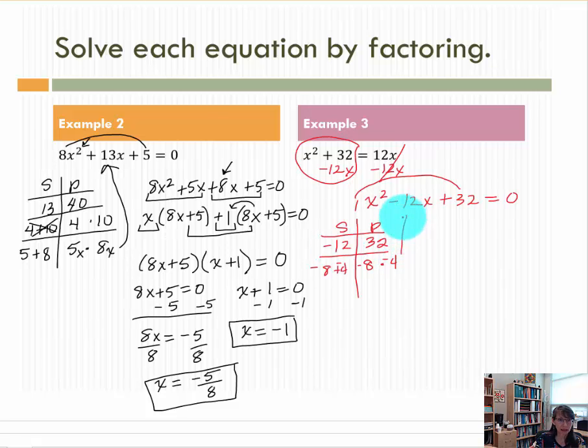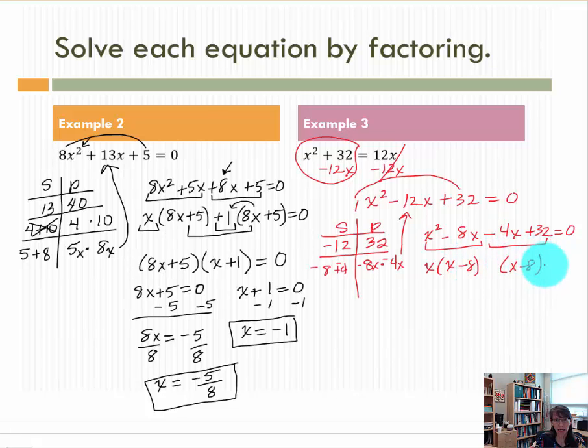So we are replacing the middle term with minus 8x and minus 4x. Now we have x squared minus 8x minus 4x plus 32 equals 0. And with our 4 terms, we are ready to group. It looks like only x is in common for the first group, leaving x minus 8.